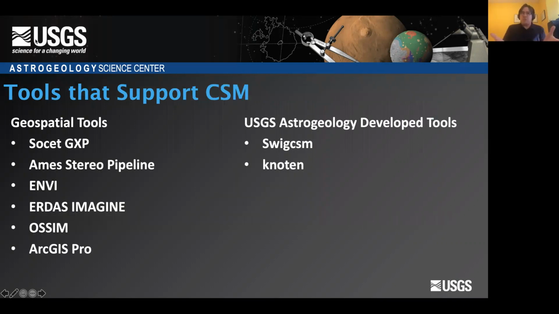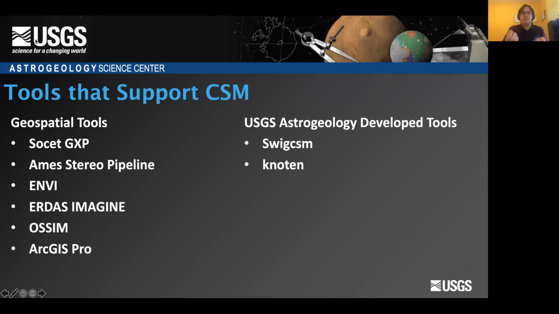So there are other tools that support CSM. There are things such as SOCET GXP, Ames Stereo Pipeline, ENVI, ERDAS, Awesome, ArcGIS, all of them have hooks for CSM. So you could take USGS CSM and plug it right into those things. You could take a CSM library from someone else and plug it right into those things. At Astrogeology, we've also developed some other tools.